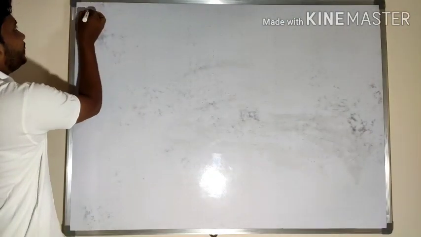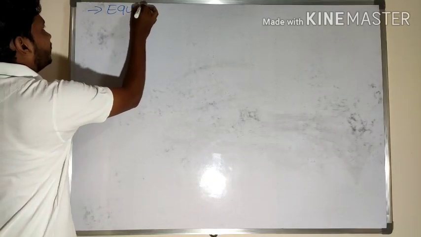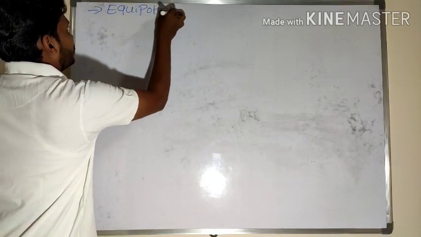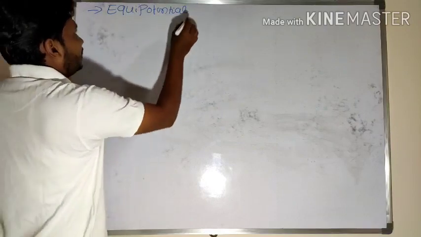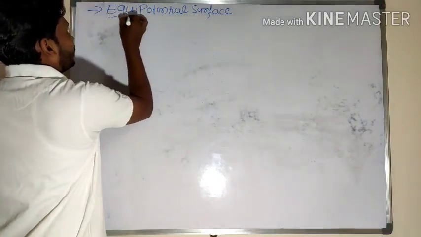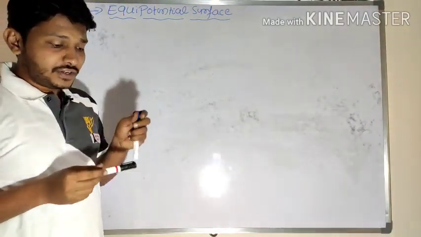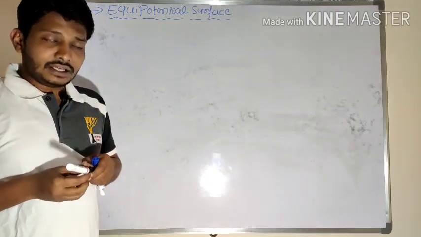So let me continue with the equipotential surface. What is the equipotential surface? It is the surface having the same potential at any point on the surface.